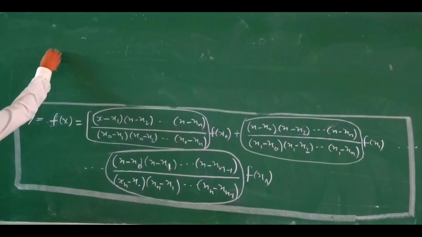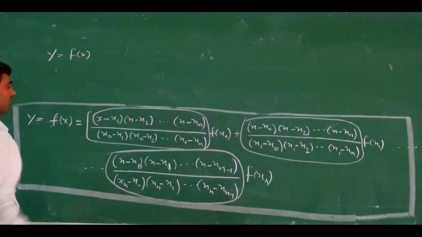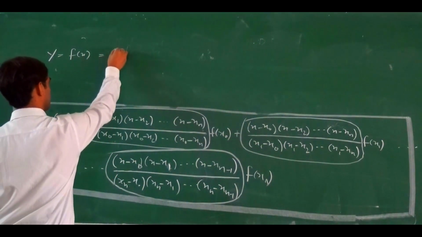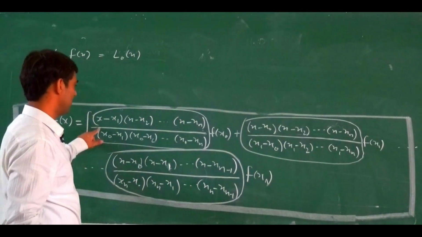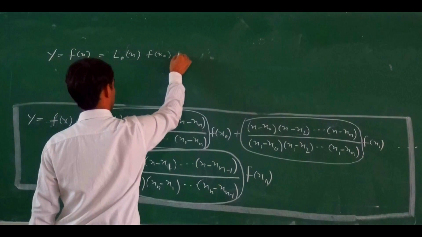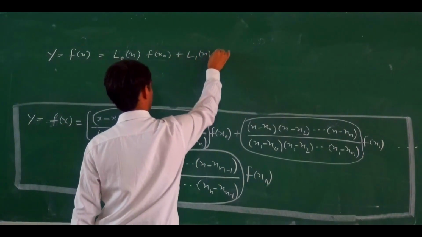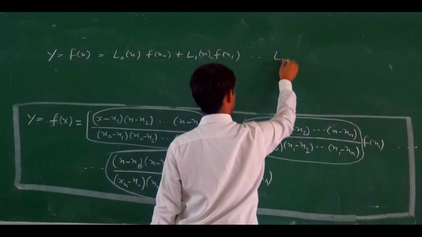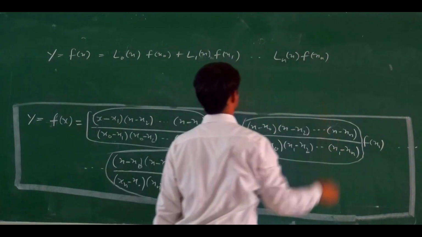So if we write in terms of Lagrange multipliers, y equal f of x equal, this one is the zeroth order Lagrange multiplier, L0 of x, times f of x0, plus L1 of x times f of x1, similarly Ln of x times f of xn.